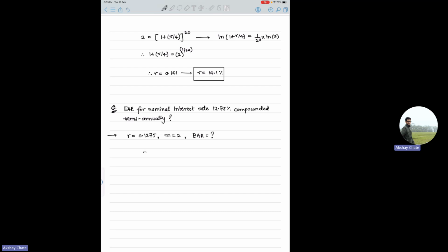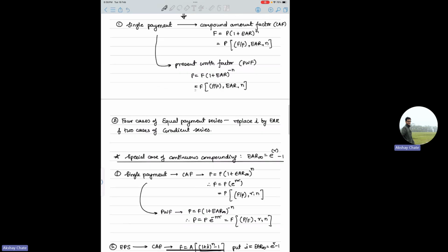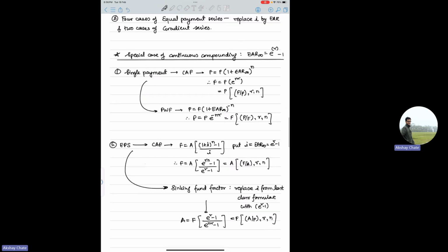So you just have to use the standard formula for EAR, which is nothing but 1 plus R by M, raised to M, minus 1. Here you have to put n equal to 1 since they are asking about the annual case. So let me just check what I gave you initially also. Yeah, n has to be 1.